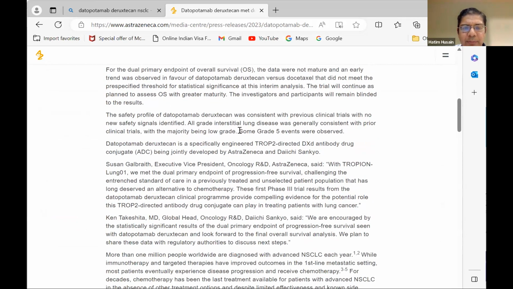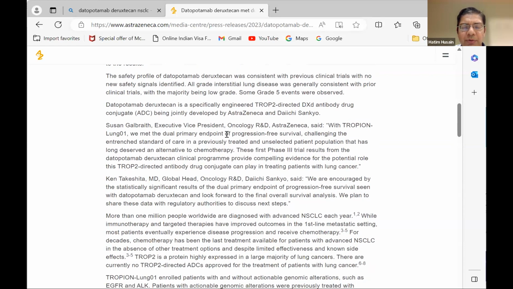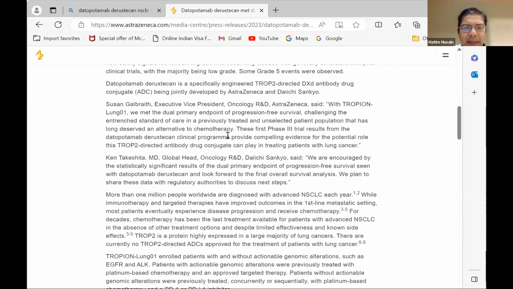They did note, and this is important, Dr. Jang, you had mentioned this as well, that there were some grade 5 events. So we'll have to see what that shows. The all-grade interstitial lung disease was consistent with prior clinical trials. There were no new safety signals identified in the study.